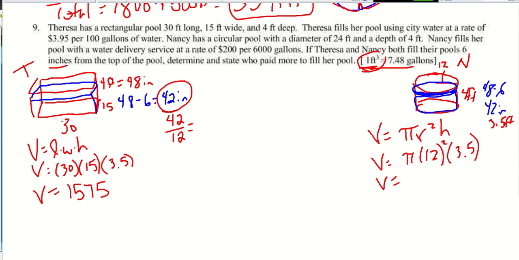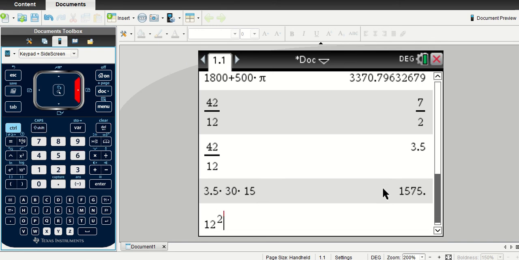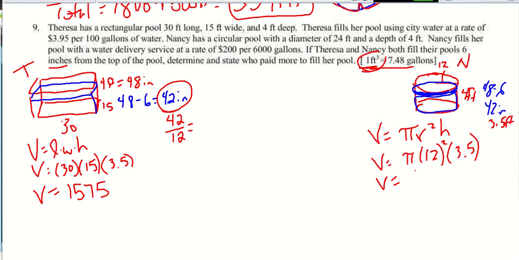We're going to keep this in terms of pi, though. So we're going to do 12 squared times 3.5, and I get 504 pi. And this is in feet cubed.